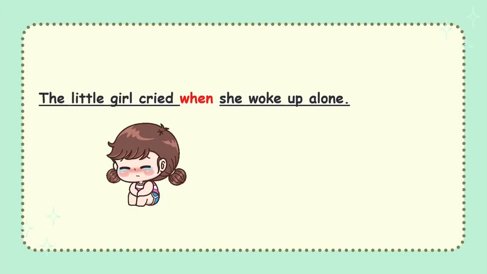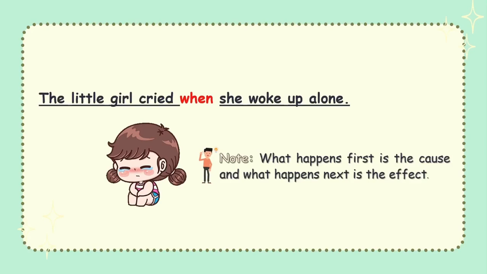The little girl cried when she woke up alone. Note that what happens first is the cause, and what happens next is the effect. Kung ano ang nauunang pangyayari o kilos, yun ang cause. And kung ano ang naging resulta o bunga ng nasabing pangyayari o kilos na yun, o naging bunga ng cause, that is the effect.